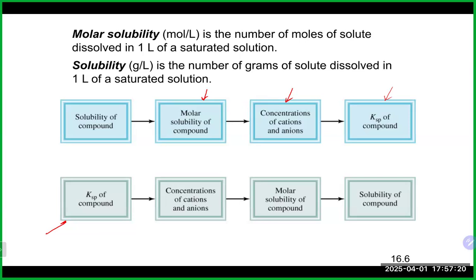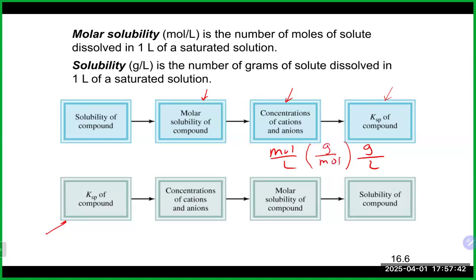That would get you your molar solubility, which is in moles per liter. If you wanted to go from molar solubility to solubility in grams per liter, what ties that calculation together? It is the molar mass.